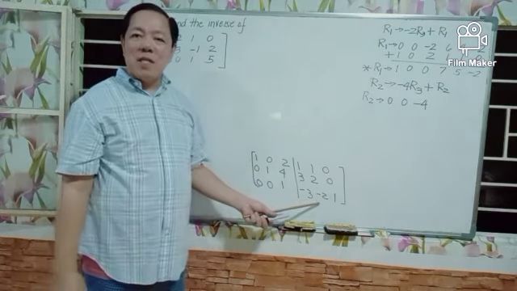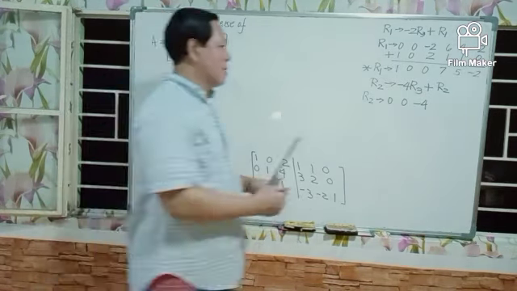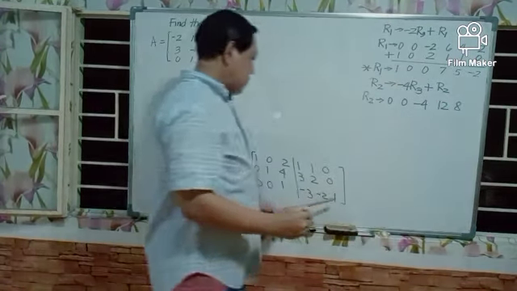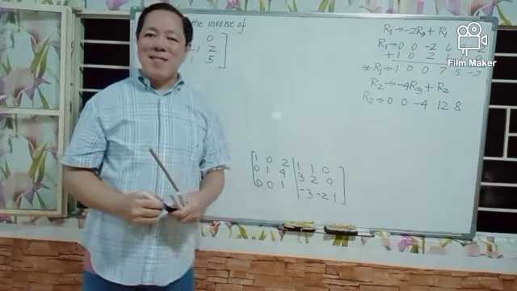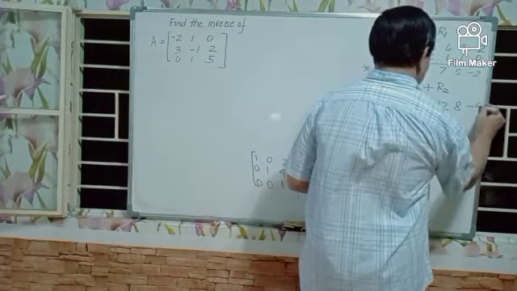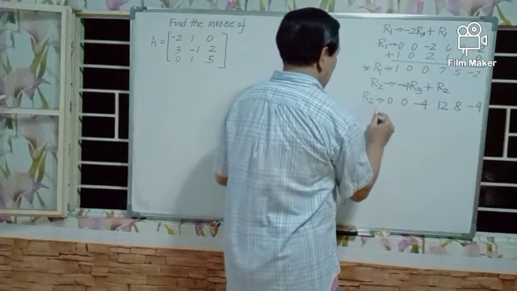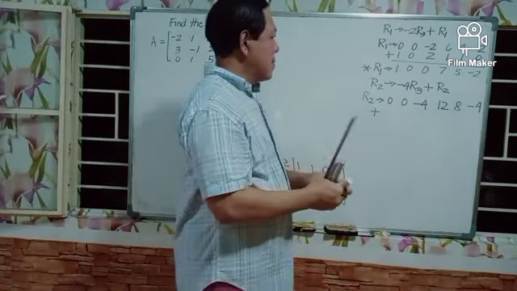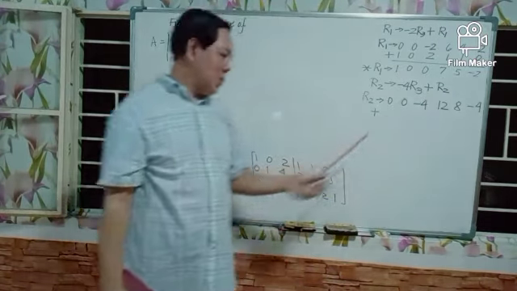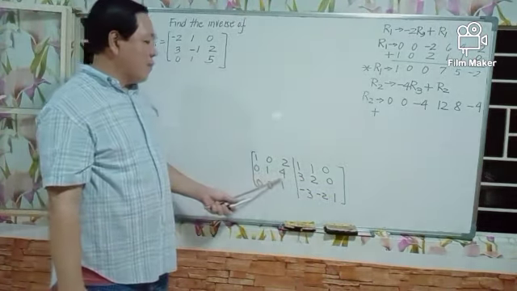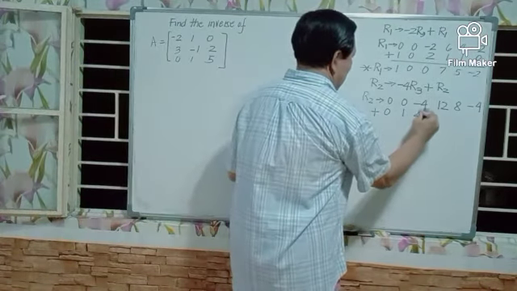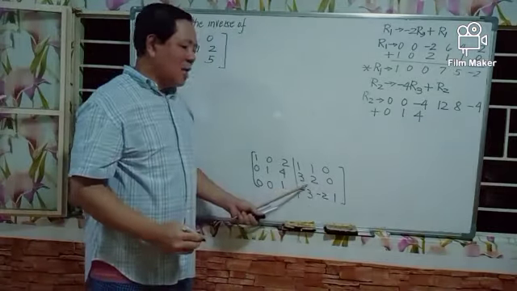Negative 2 by negative 4 is positive 8. And 1 multiplied by negative 4 is negative 4. And to these products, we add the old entries of row 2. We have 0, 1, 4, 3, 2, 0.